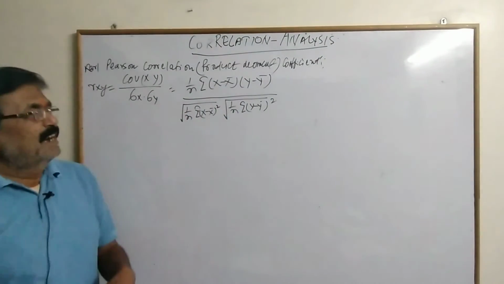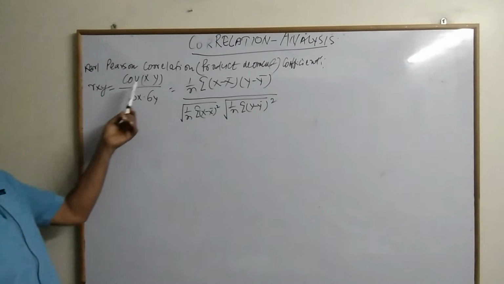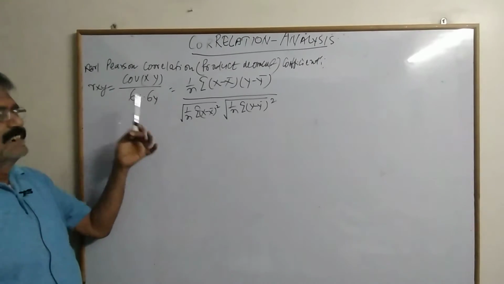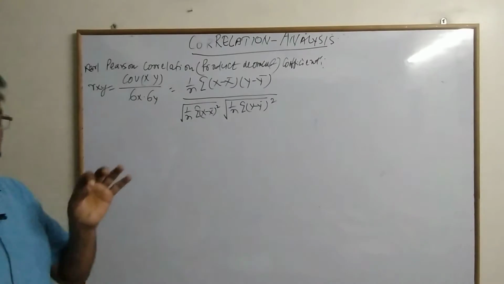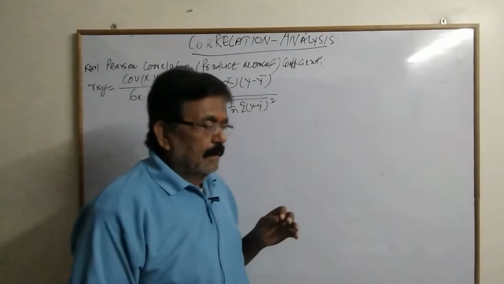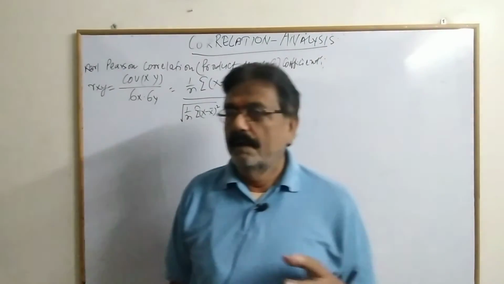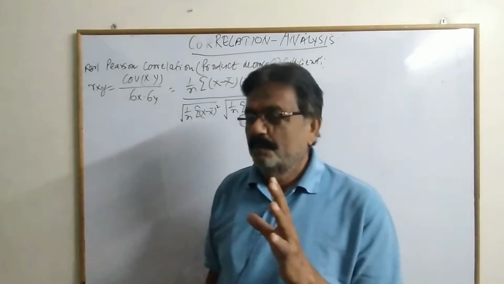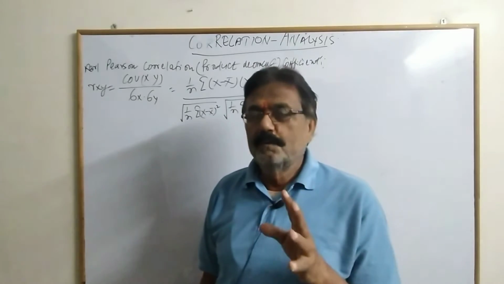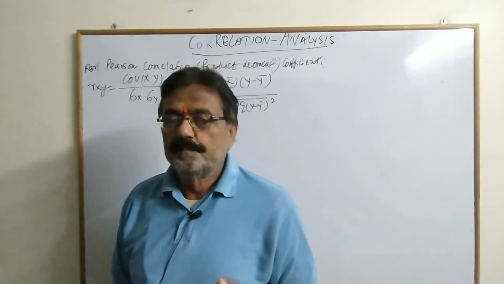Originally, the Karl Pearson correlation coefficient is defined as the ratio of the covariance of x and y divided by the standard deviation of x and the standard deviation of y. This is the original formulation, because when Karl Pearson was constructing the formula, his main purpose was to know the covariability between two variables, and for that covariance would have been enough.